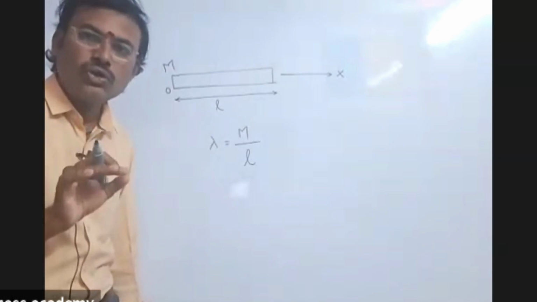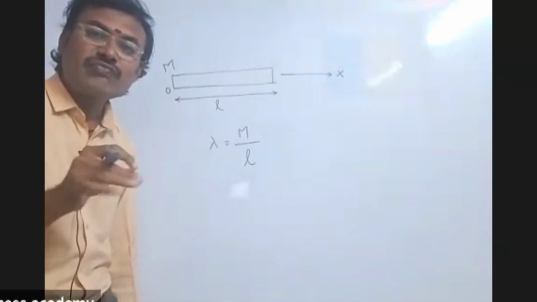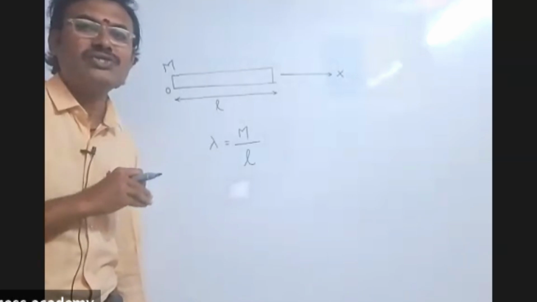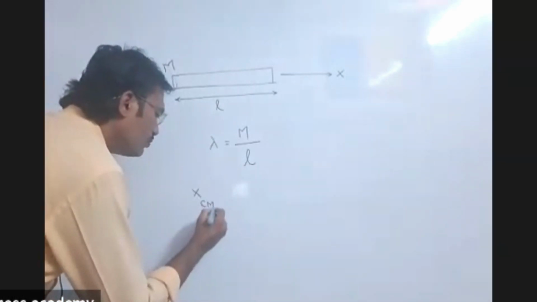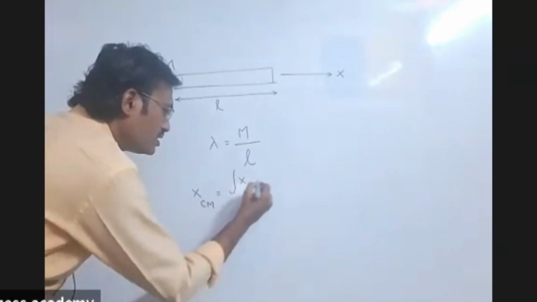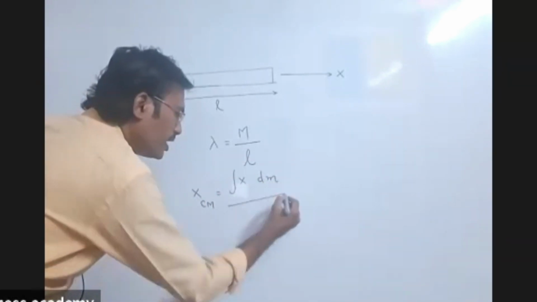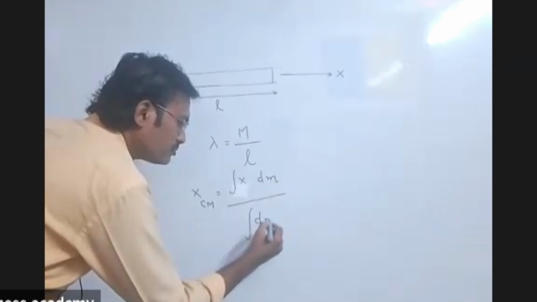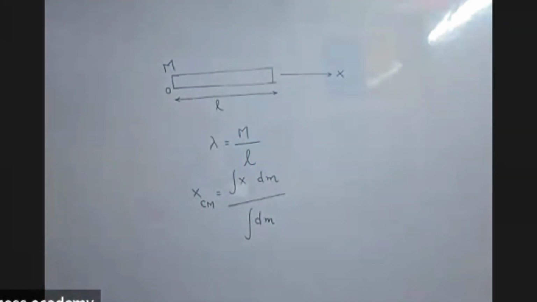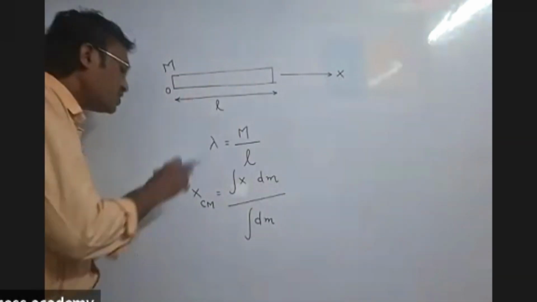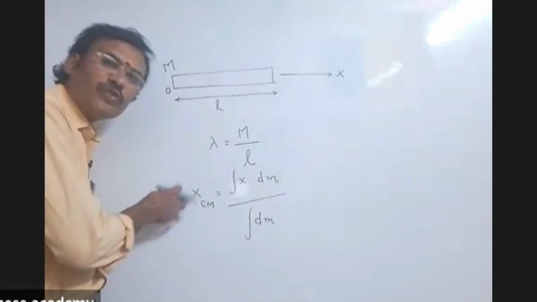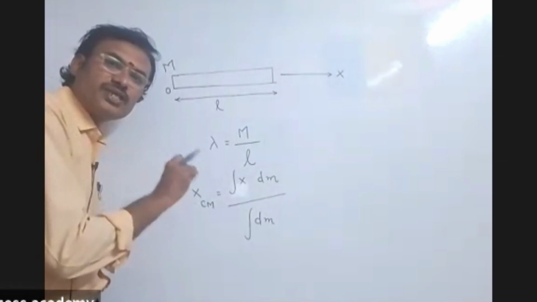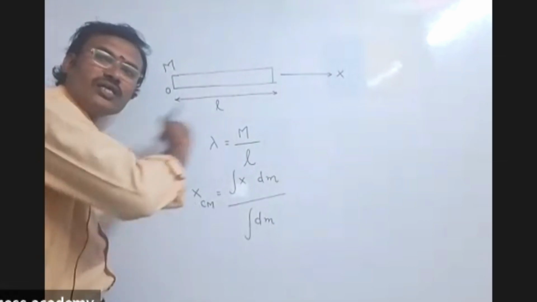To calculate the center of mass for this topic, I take xcm is equal to integral x dm by integral dm. This is the position of the center of mass along the x-axis. Why do I consider xcm here? Because I consider the rod along the x-axis.